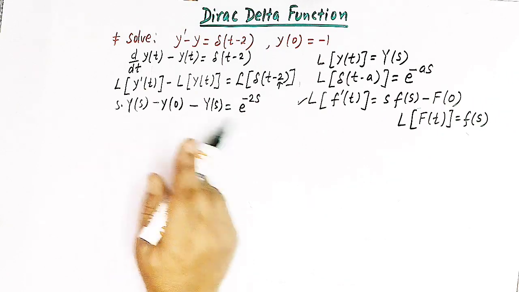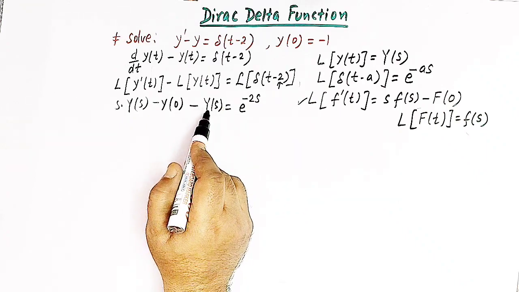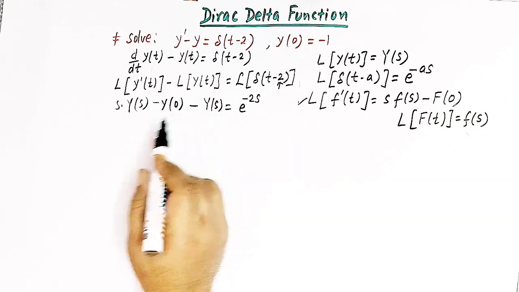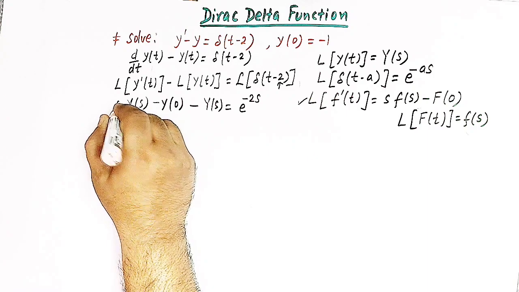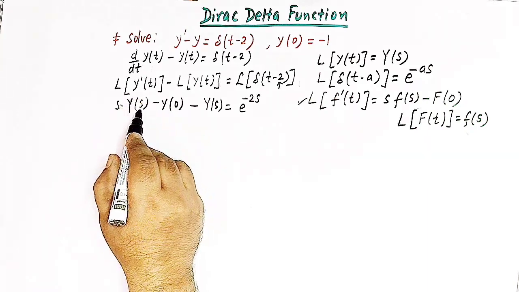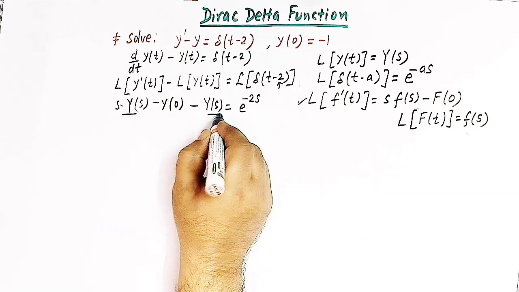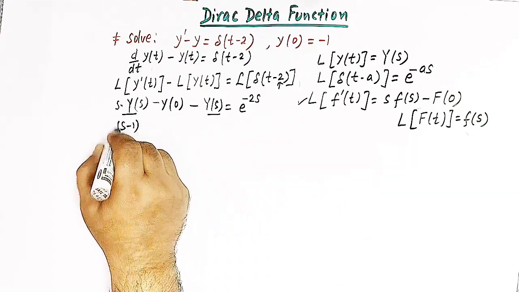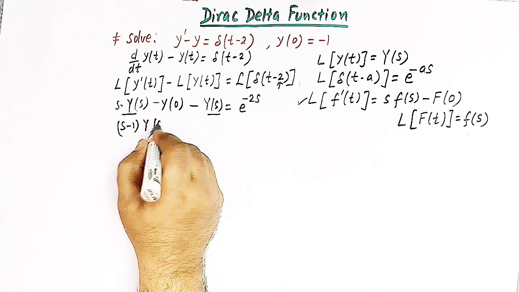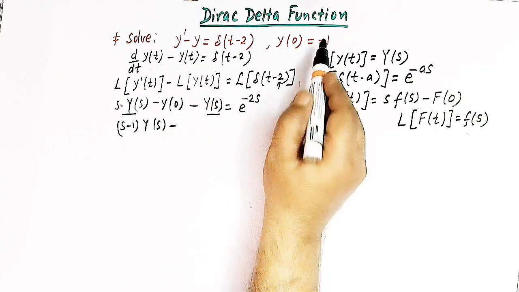So now we have this equation, so let us collect the like terms. Here we have s times the Laplace transform of y of t. So taking these two terms, we have (s minus 1) Y of s, and y of 0 is minus 1.